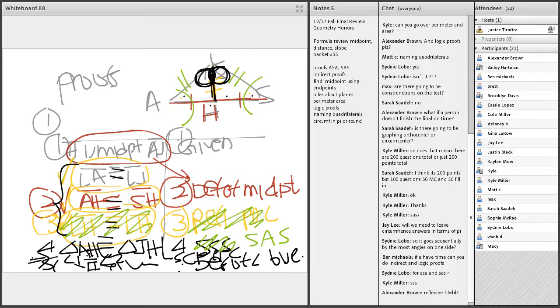Again, I could change step 3, and step 3 could be angle A congruent to angle S because of the isosceles triangle theorem. The two sides are congruent on the outside, so the two angles are congruent.